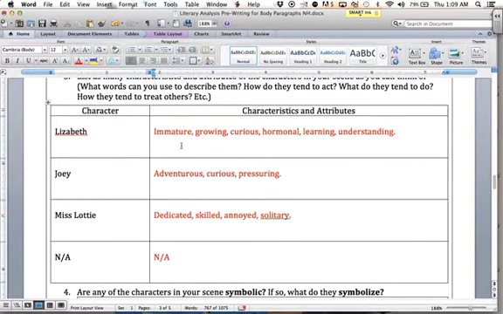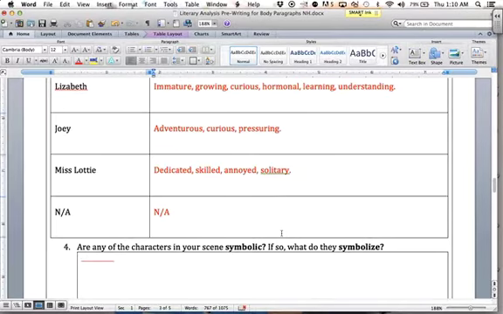Again, even if they're flat, you have to say what you know about them, okay? We still know things about flat characters. We just don't know as much about flat characters as we do about round. So that reflects in this chart. Lisbeth was a round character, so I have more information for her. Joey and Miss Lottie were flat, so I don't have as much to say.